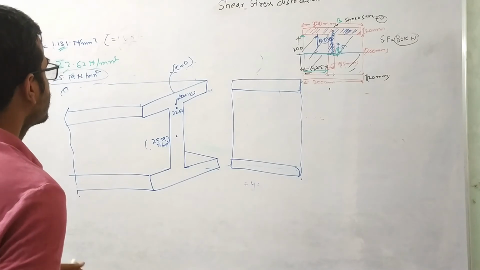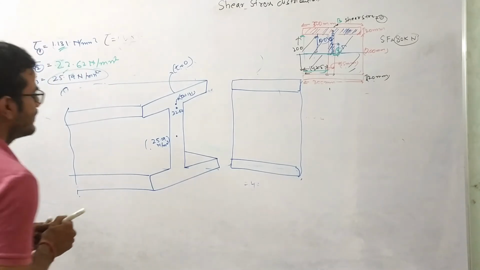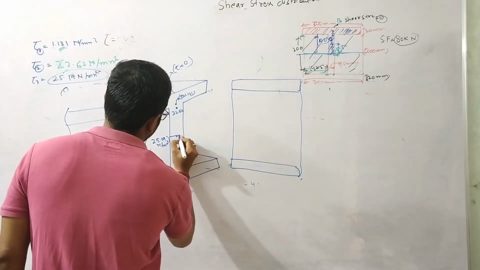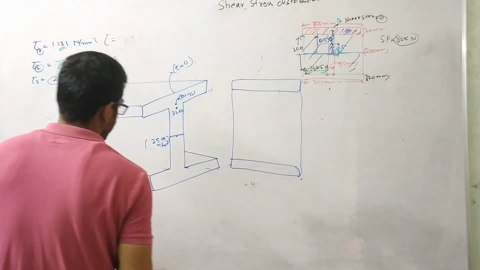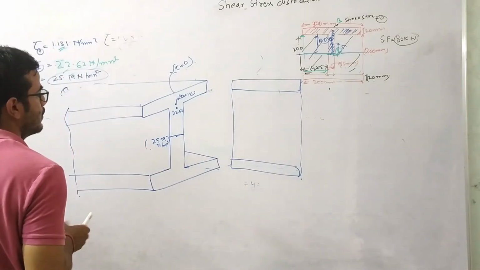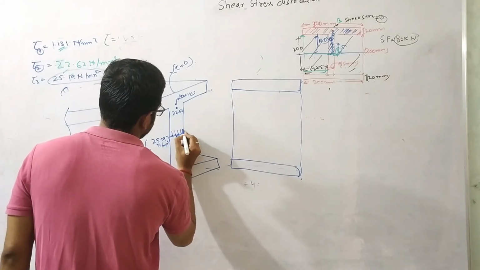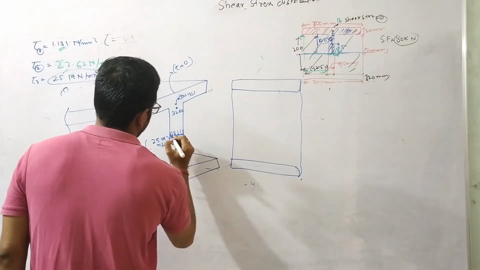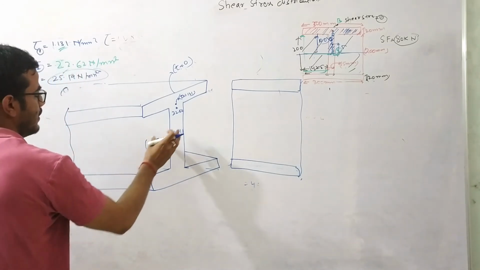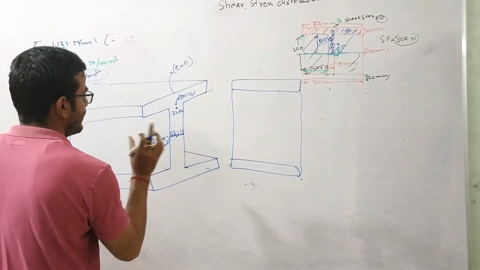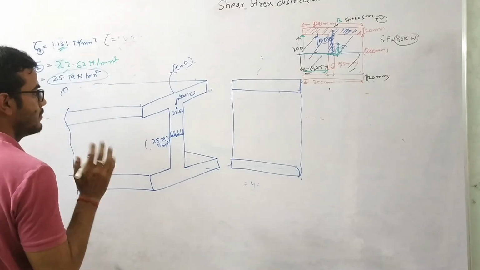So at this level, the vertical shear stress will look like this. This is the variation, the constant variation which I am assuming, but actually it is not.